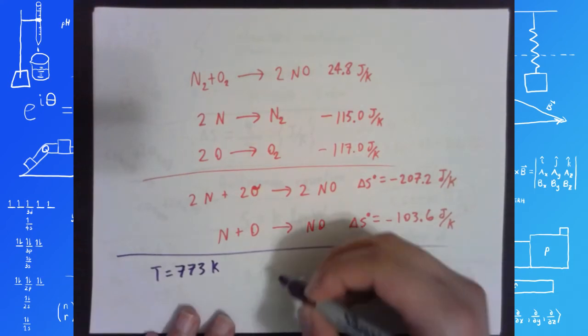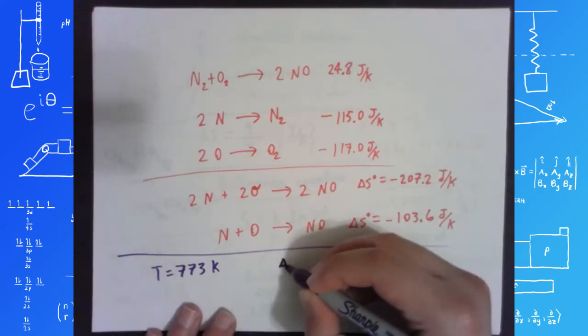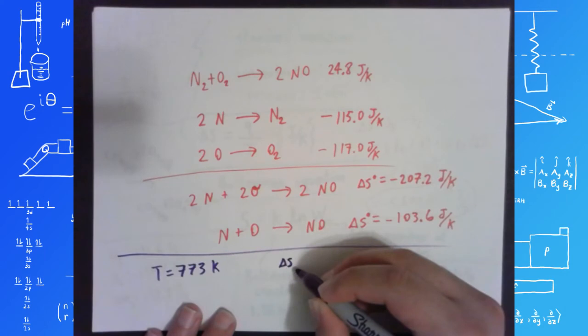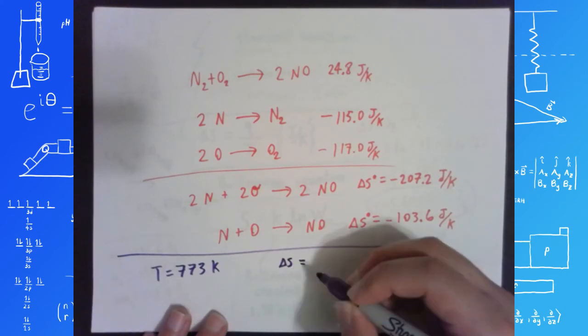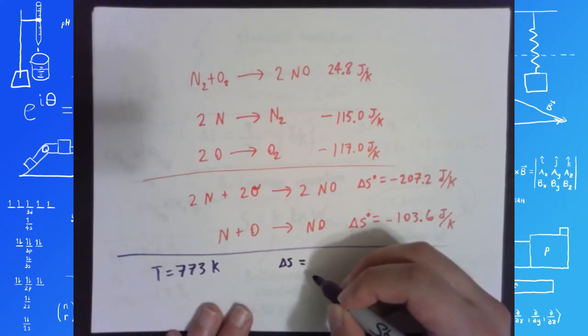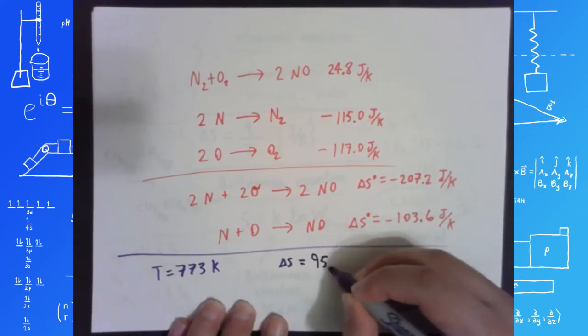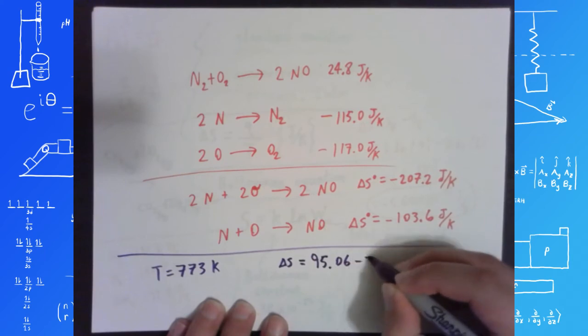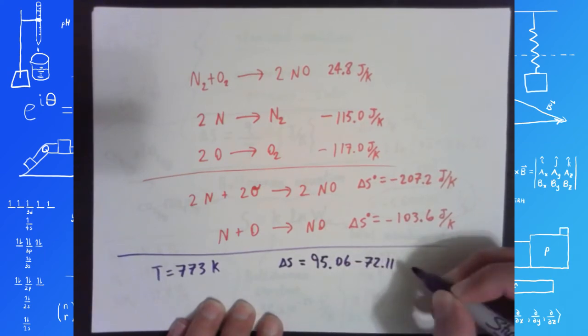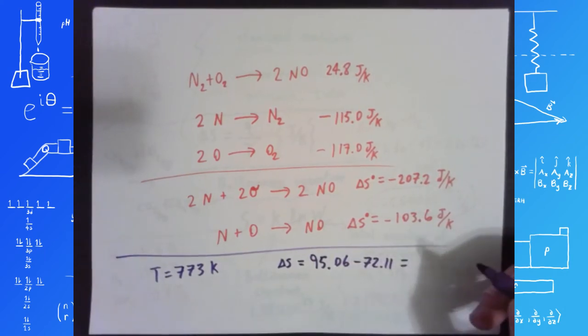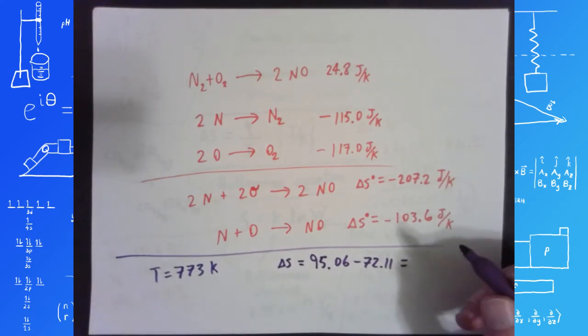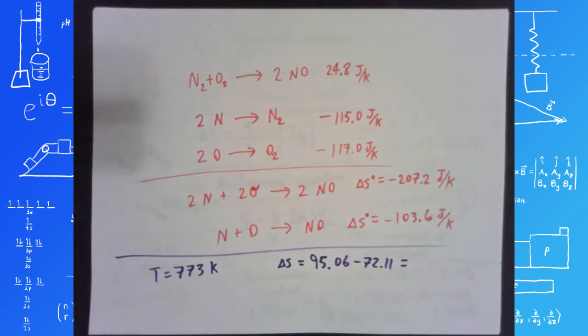So 95.06, so delta S from solid to liquid, it's 95.06 for the liquid minus 72.11 for the solid. Equals, what is that? 23.0, or no, that's not right.